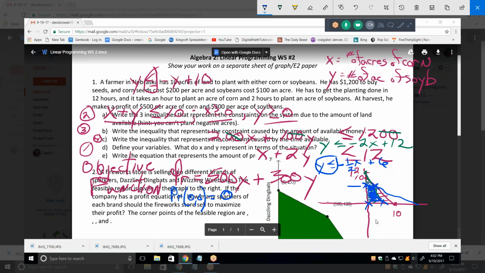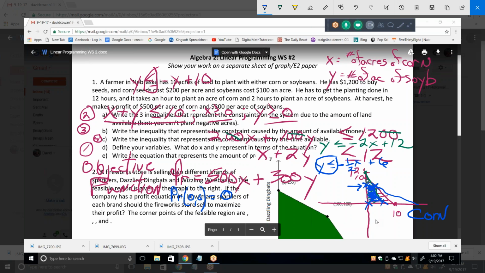Now, let's go to the next easiest point to do. How about that point right there? How much corn is that? How much soybeans is that? How much corn is it? This is the corn axis right there. Right.